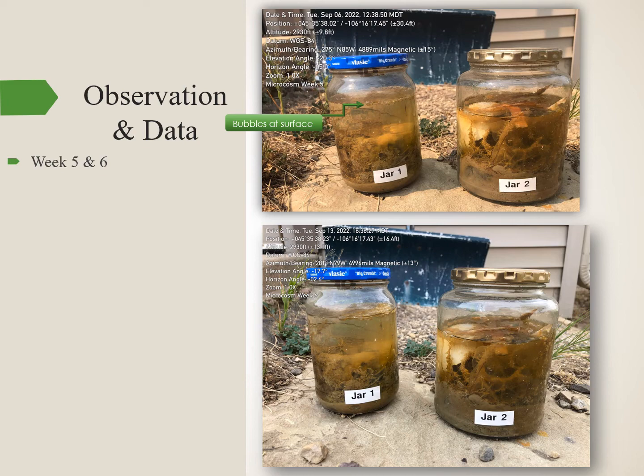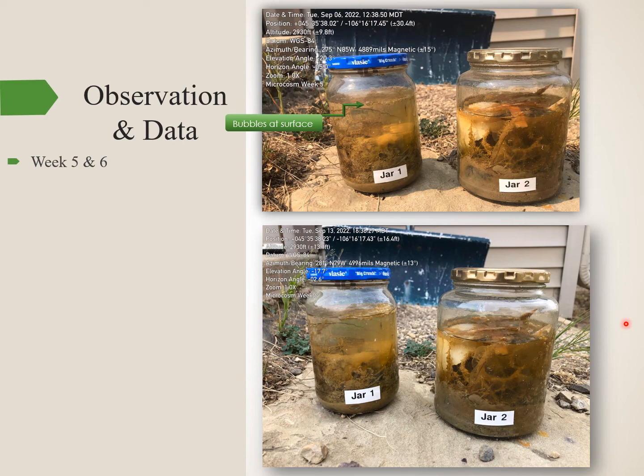Week 5 and 6, you can see week 5, jar 1 has bubbles forming at the surface, gas exchange occurring there. Jar 2, gas exchange seemed to have slowed significantly. A lot less bubbles this week. The cattails, you can see here, are more orangish brown color as they decompose.